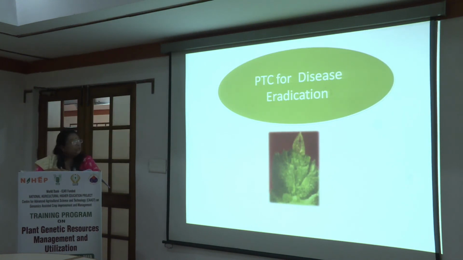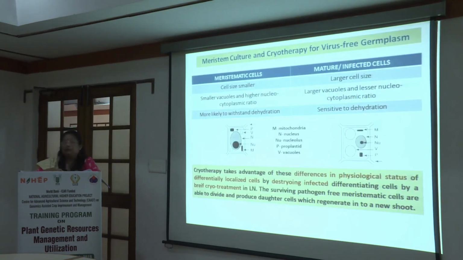Coming to disease eradication, how tissue culture is being used, and that is typically in the meristem cultures. So the advantage with meristems is they are smaller in size, they have smaller vacuoles and higher nucleocytoplasmic ratio, and most importantly they are more likely to withstand dehydration.